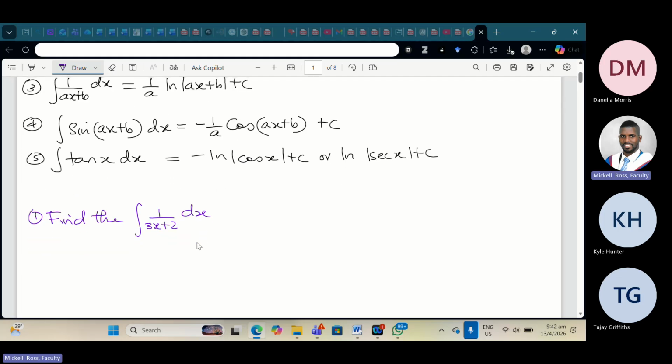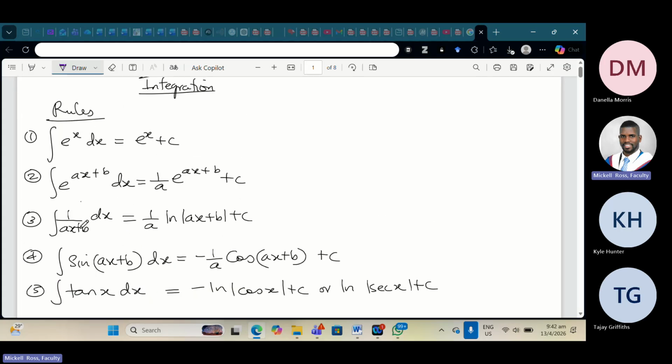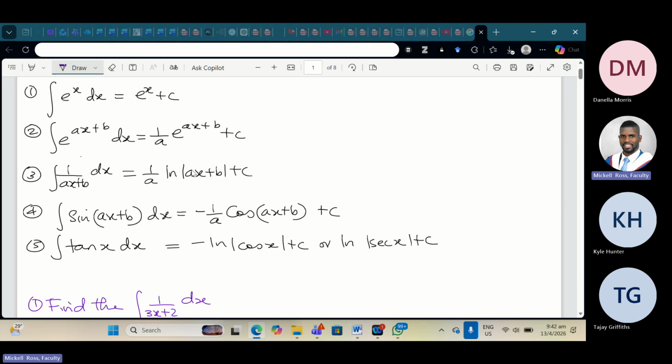Now, these are just going to be integration by recognition because based on the rule, we know that, just to be clear, this A right here is the derivative of the power.